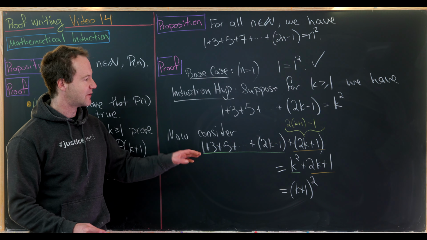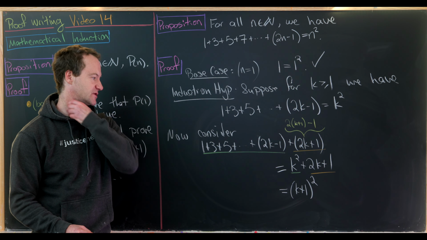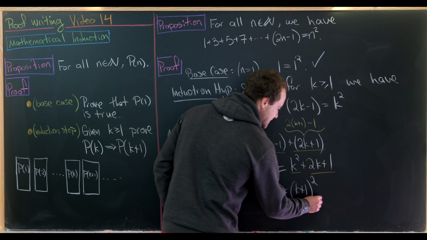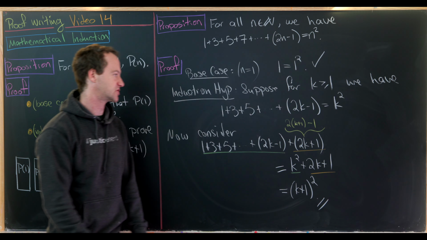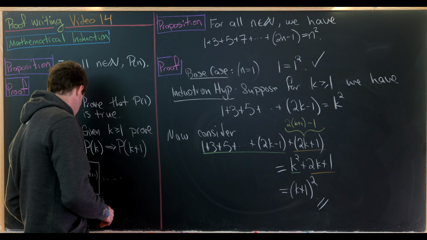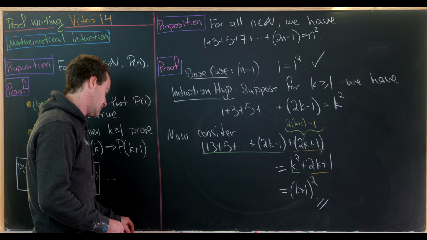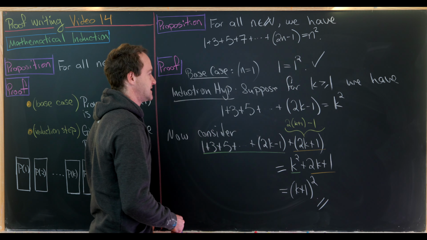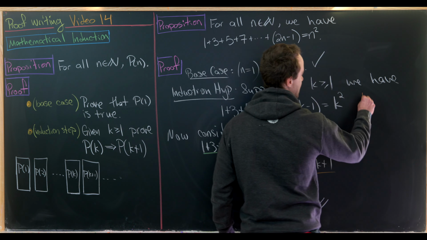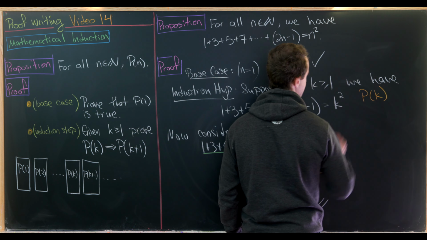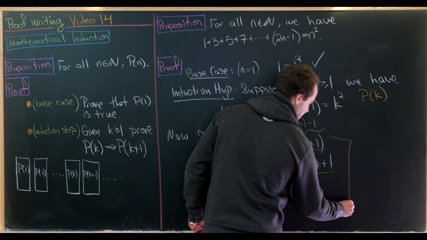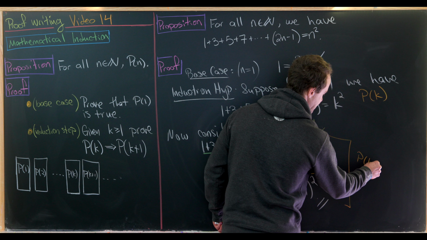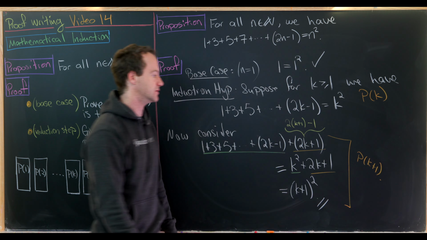The sum of the first k plus 1 odd natural numbers is (k+1) squared, so that finishes our proof by induction. So let's just reiterate what we've done here. Notice that at this step here, we supposed that P(k) was true, and down here we showed that that led to P(k+1) being true.